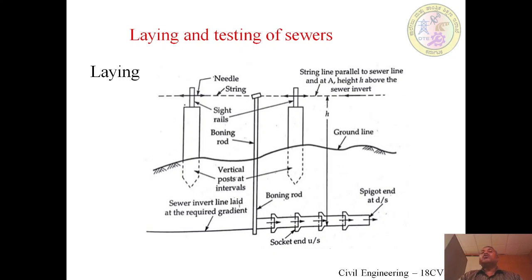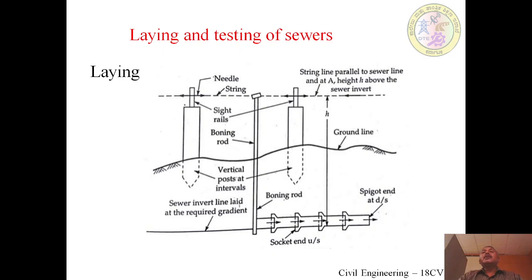These are used to lay a sewer line with respect to the gradient and alignment. Look at the bottom portion of the sewer line: the socket end is placed towards the upstream end, that is the lowered end, whereas the spigot is placed at the downstream end, so that we can make a joint easily.